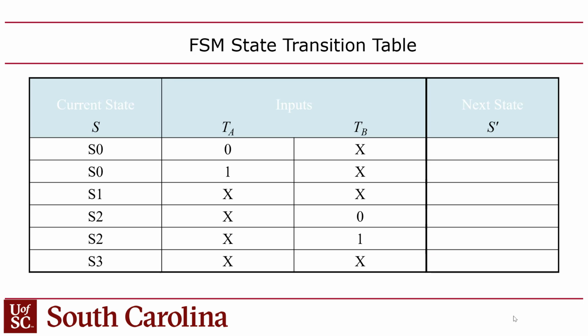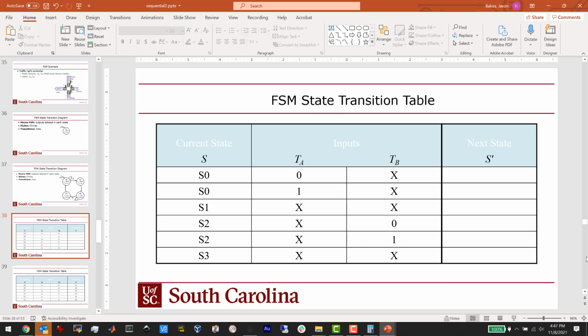Okay, so generally the way that you go about implementing this is you create a state transition table, which is a truth table, and the idea is, yes? Can you please change the color of the... Oh yeah, sorry. That's a good point.